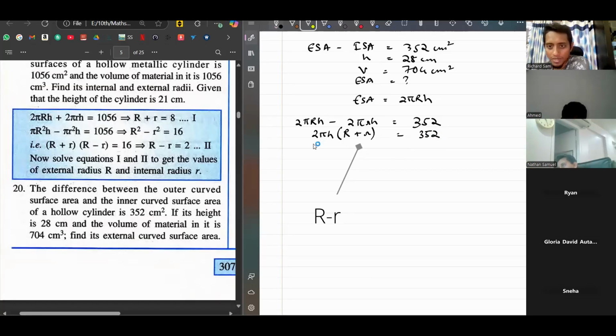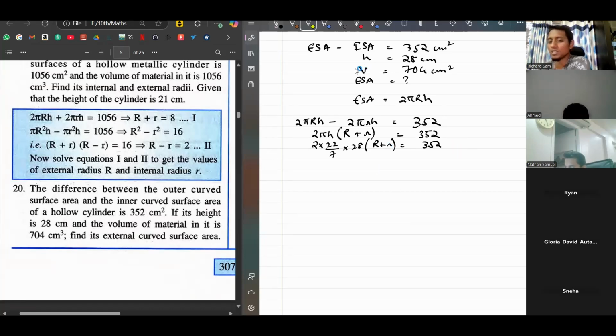In this, what all do we have? We have 2, we have pi, we have the height, but we don't have R plus r. Okay. So if we solve this, we can find R plus r. All right, let's just keep that for now.